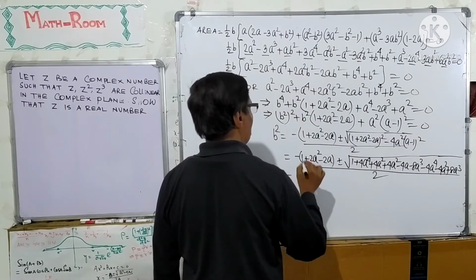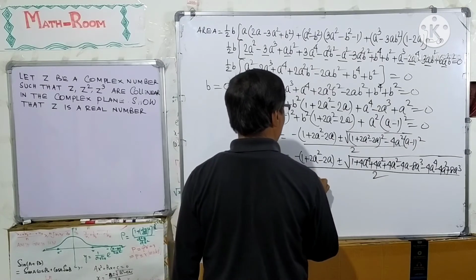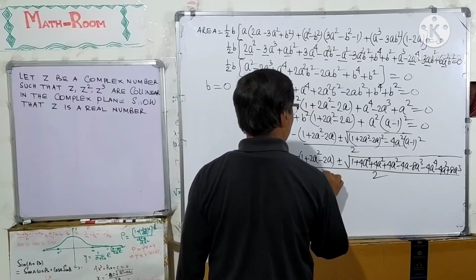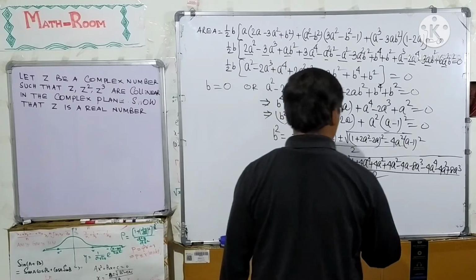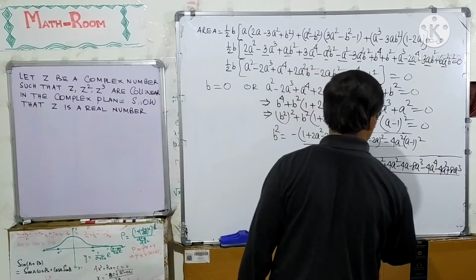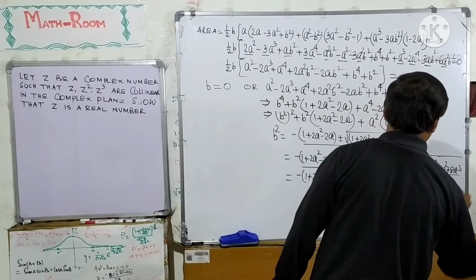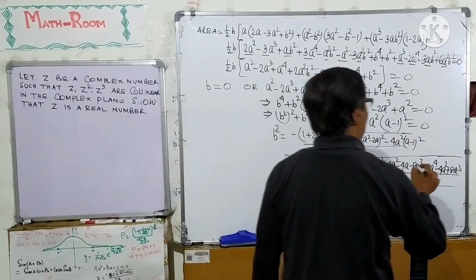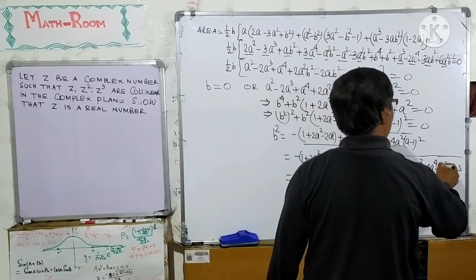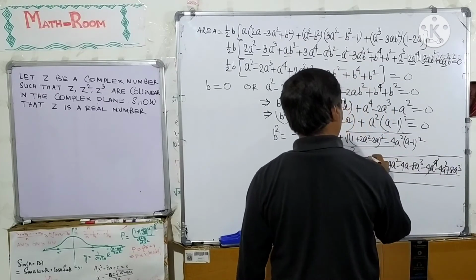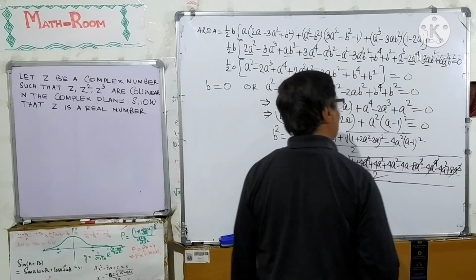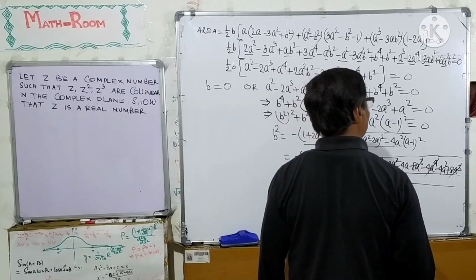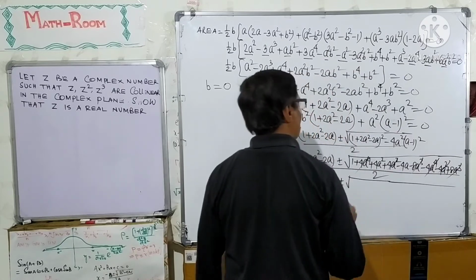This is equal to minus 1 plus 2a square minus 2a plus minus, here many terms are cancelled out. Here 4a to the 4 cancelled out, 8a cube cancelled out, 4a square cancelled out.